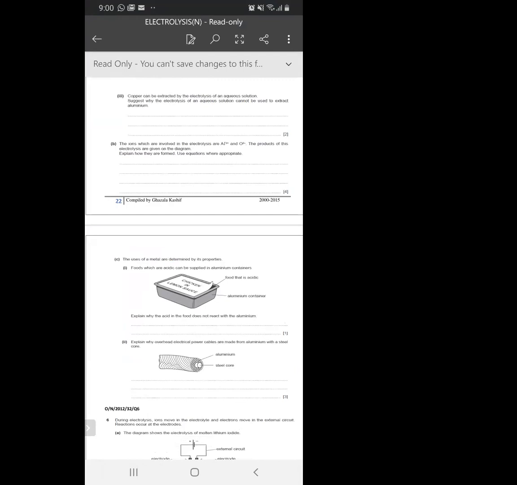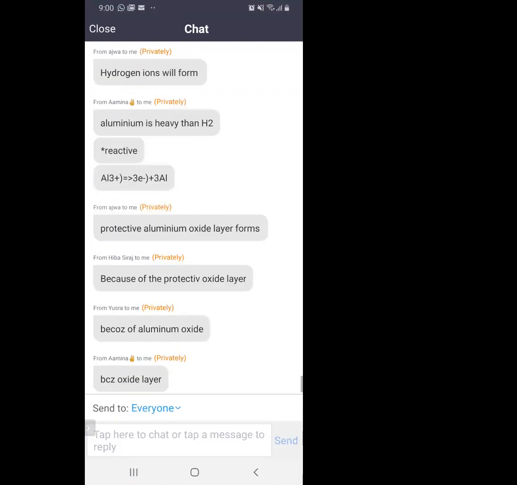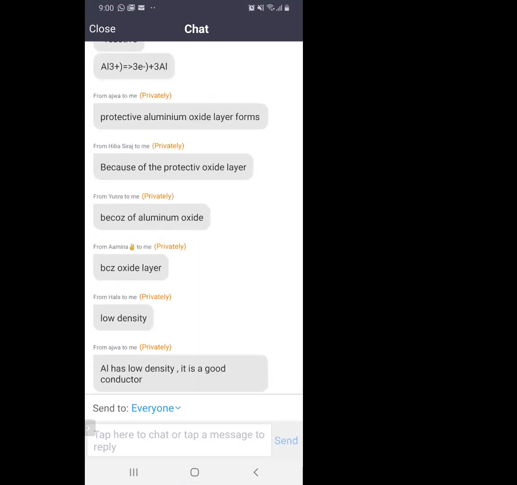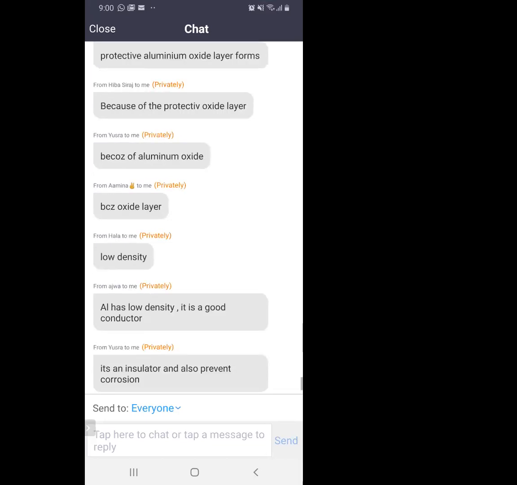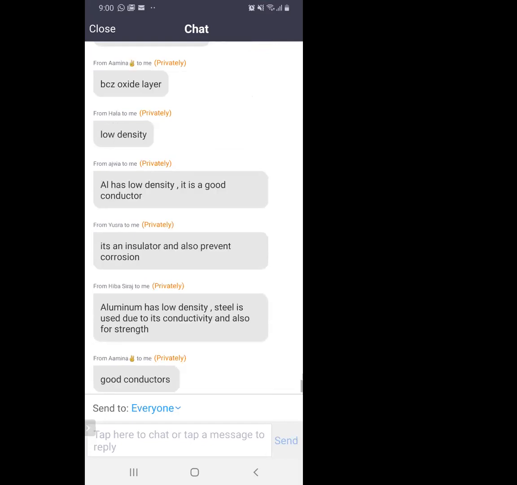Explain why overhead electrical power cables are made from aluminum with a steel core. They're used in the cable because of oxide layer. No, wait, you will talk about conductivity first, because you have to explain and justify their use in power cables.